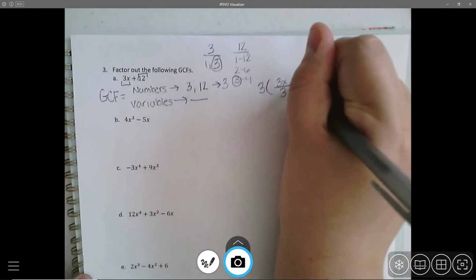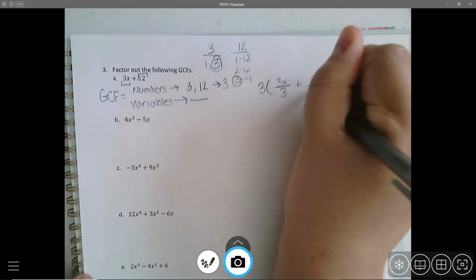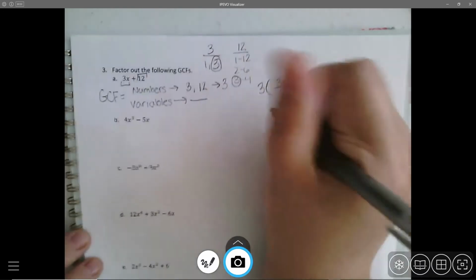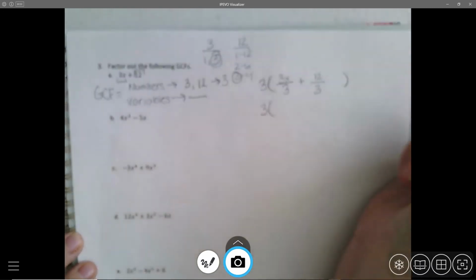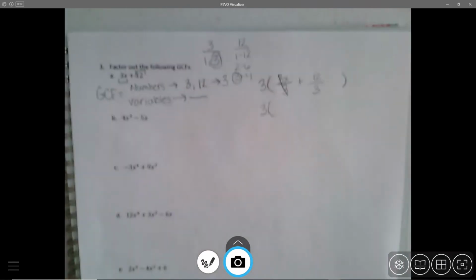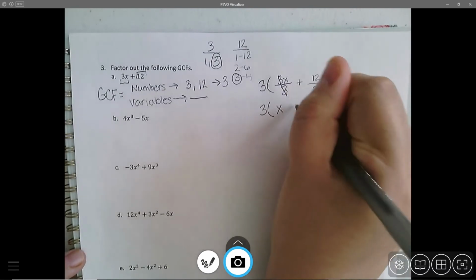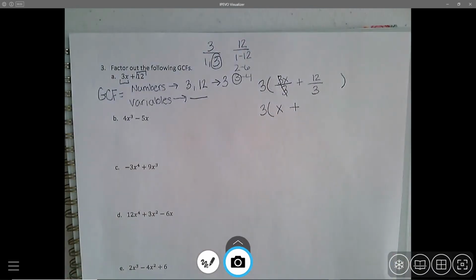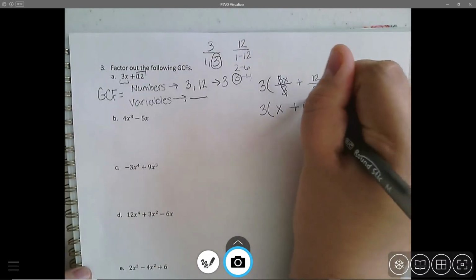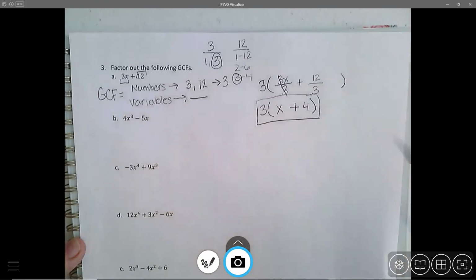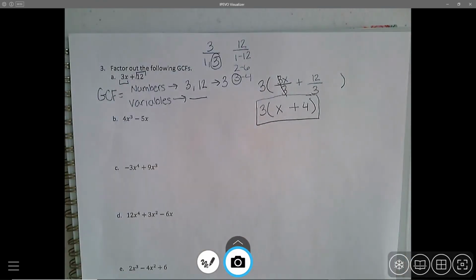Then plus, take the second term, divide it by the GCF of 3. Your final answer is what you get when you simplify that. So 3 stays there. 3x divided by 3, the 3s cross out and leave just an x. Plus, 12 divided by 3 in your calculator gives you 4. This right here, 3 times x plus 4, is your final answer.